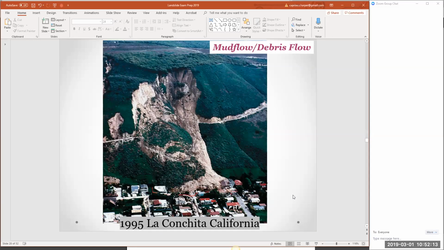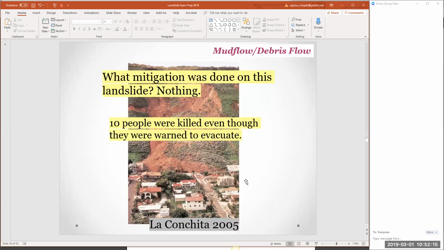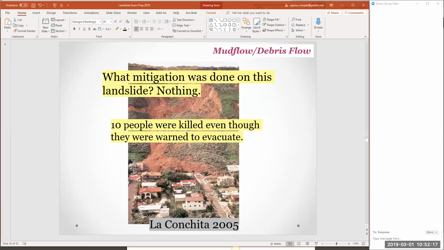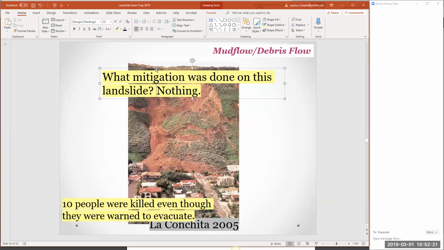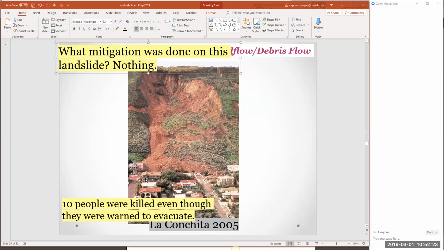And then in 2005, I was going to have these pop up later, but this is 2005. So that property of where it happens once, it will happen again, definitely happened here. This was 10 years later.